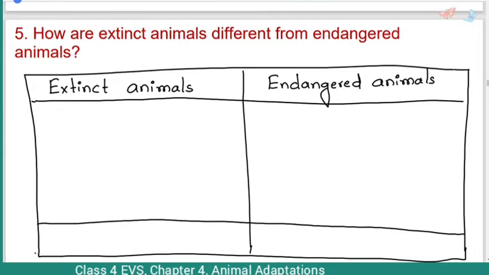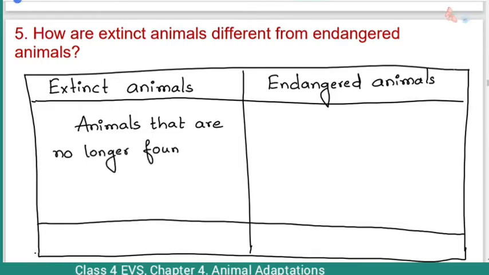What are extinct animals? Animals that are no longer found on the earth are called extinct animals.